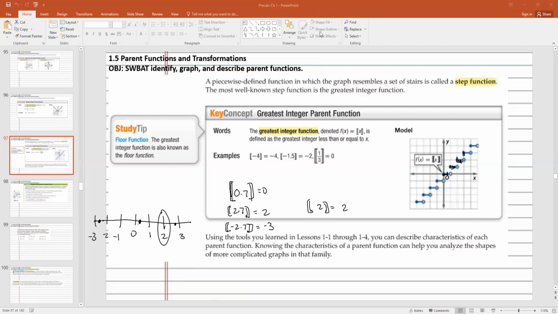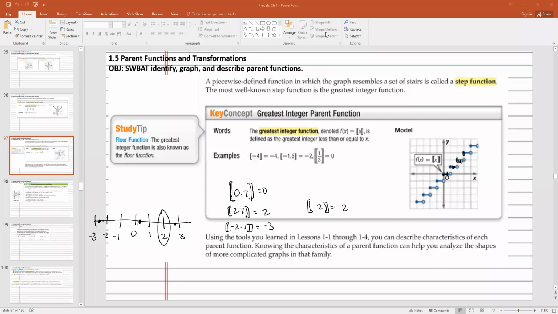And notice that we have those open circles at each of those because we want to say that it gets really close. 3.999999999 is still 3, but as soon as you get to that 4, then it goes to 4. So that open circle tells us that it's really, really close to 4. And there you go.